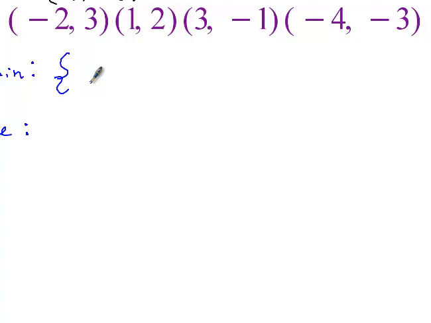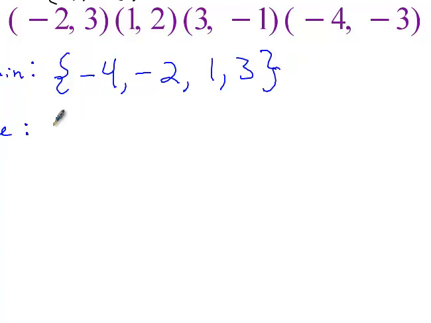So that's domain. It's a set of all the numbers we have. We're just focusing on these few. And what is my smallest x? Right, -4, and then -2, 1, and then 3. So -4, -2, 1, and then 3. And again, we will end with a curly bracket.